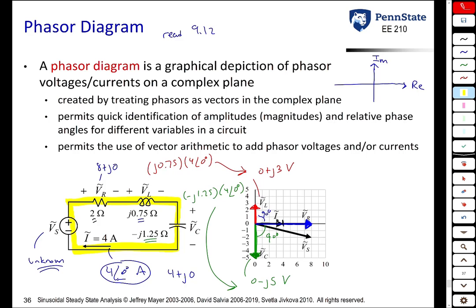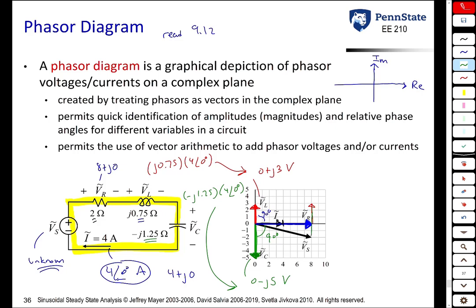If you remember how you add vectors, you add tails to heads. So if you have the resistor voltage, that's the blue vector, we add to that the red vector. Once again, you add tail to head. We add to that the green vector, that is the capacitor voltage.